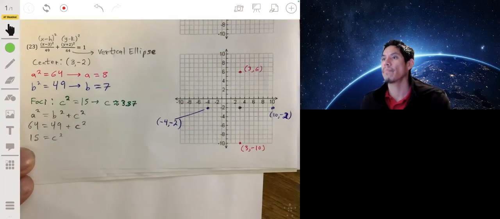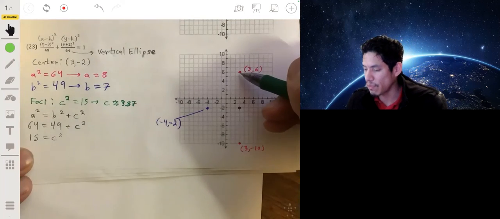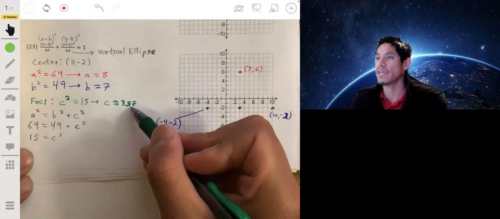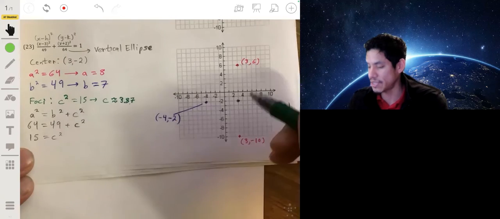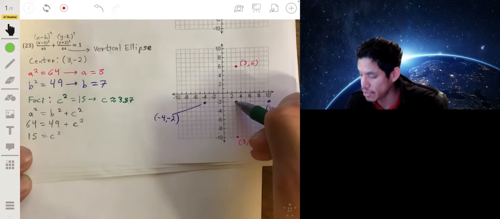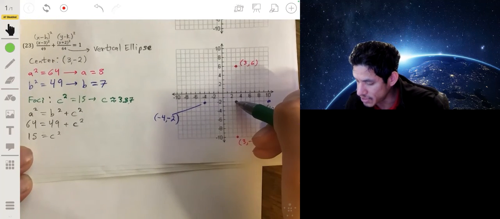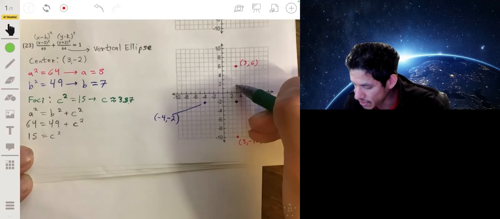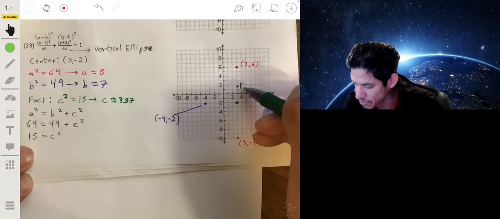Now, the foci will be on the major axis, so it's going to be on the vertical axis. And this c value tells you how many units up and down from the center your foci will be. So we can go about 3.87 units from the center. So going from this point, 3.87 would be about over here. So we can say that's one of our foci.